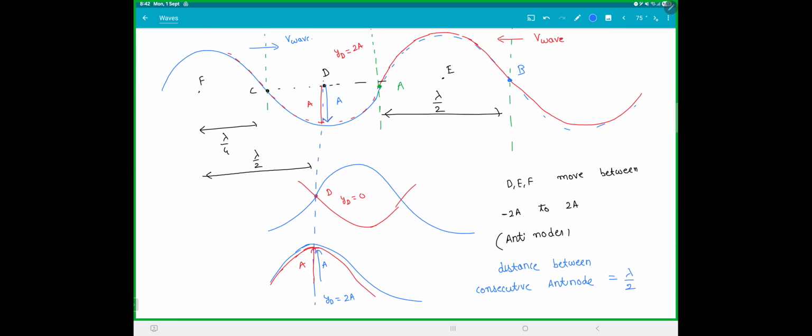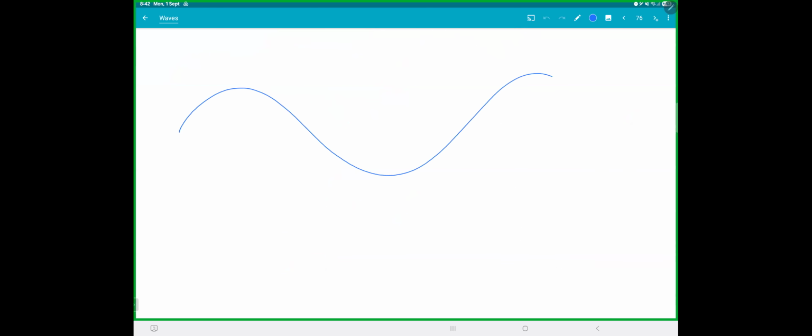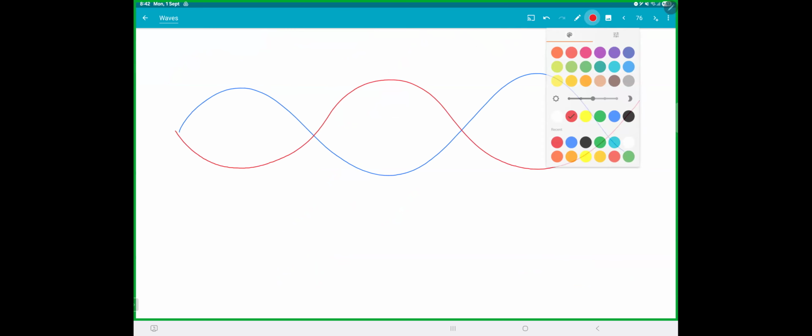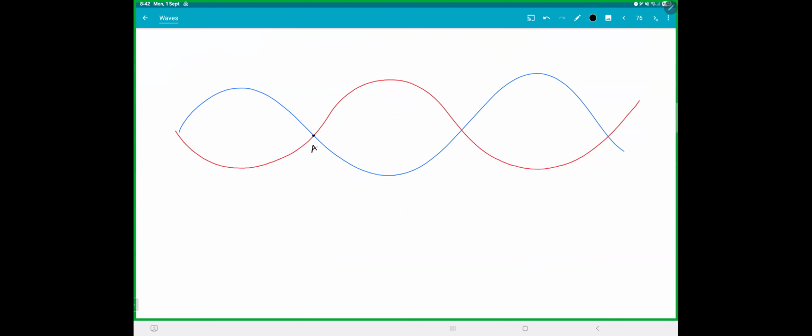So if you look at the two waves also, so this was A, this was C, this was B, this was D, this was E, this was F. This is lambda by 4 and this is lambda by 2. So here A, B, C are nodes.